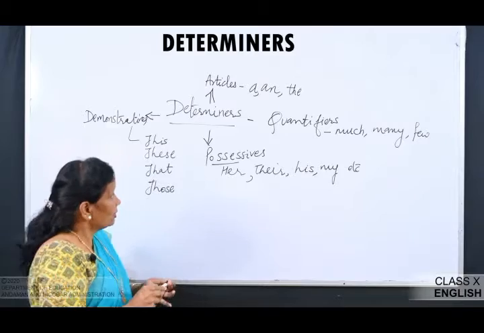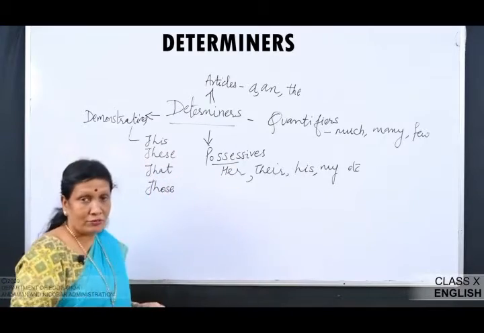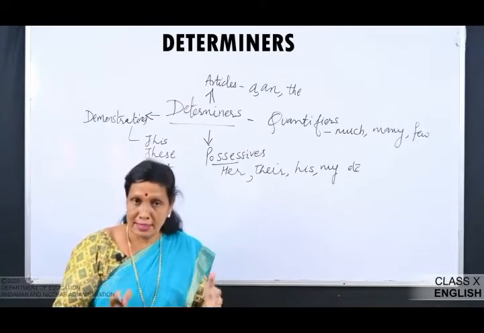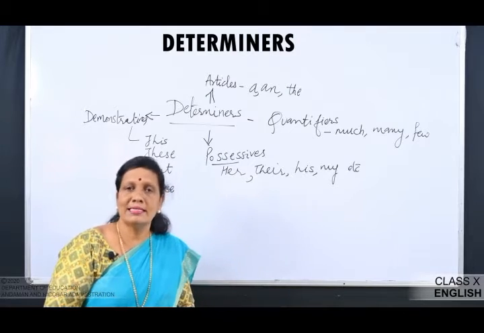Okay, so these are the four different things that come under determiners, and we'll be discussing them in detail with the help of examples.